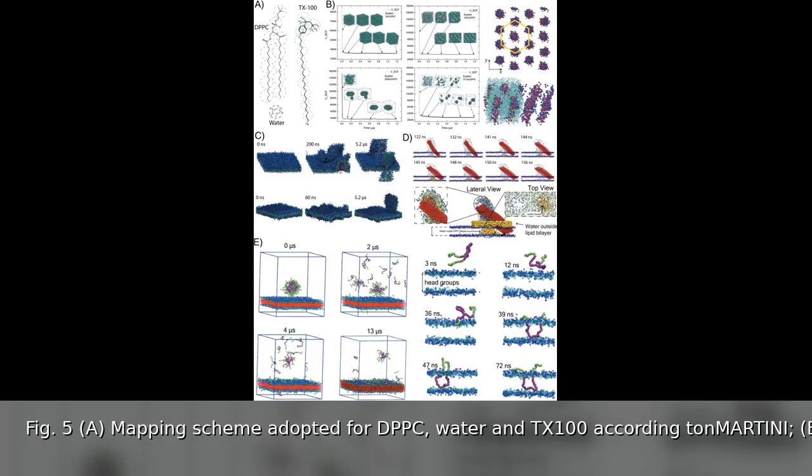Panel E shows simulations of Pluronic micelles interacting with lipid bilayers, capturing chain migration from micelles to bilayers consistent with experimental findings. Simulations indicate that interactions between drugs and micelle cores and block copolymers and bilayers stabilize micelle structures, with drug hydrophobicity influencing equilibrium micelle size. This figure demonstrates the versatility.